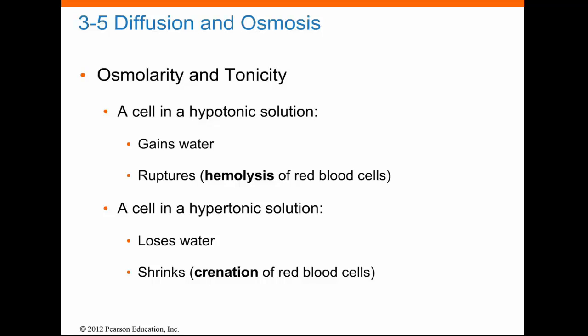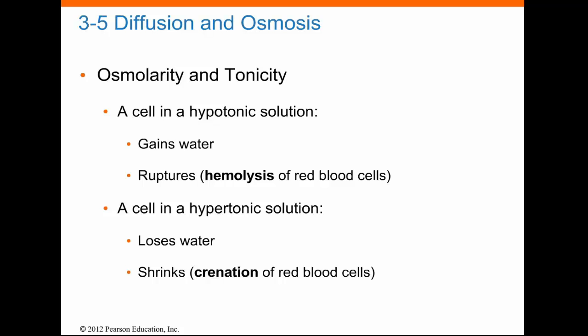A cell in a hypotonic solution will gain water. That means that water will move into the cell, and in some cases it will actually rupture the cell membrane. In the case of a red blood cell, we will get hemolysis, where the red blood cells will hemolyze and rupture, and the contents, or the hemoglobin, will be liberated out into the environment.